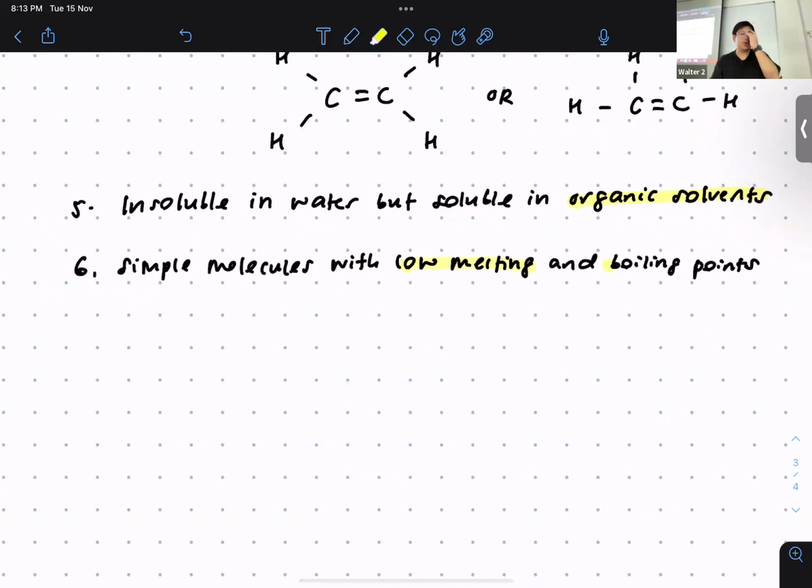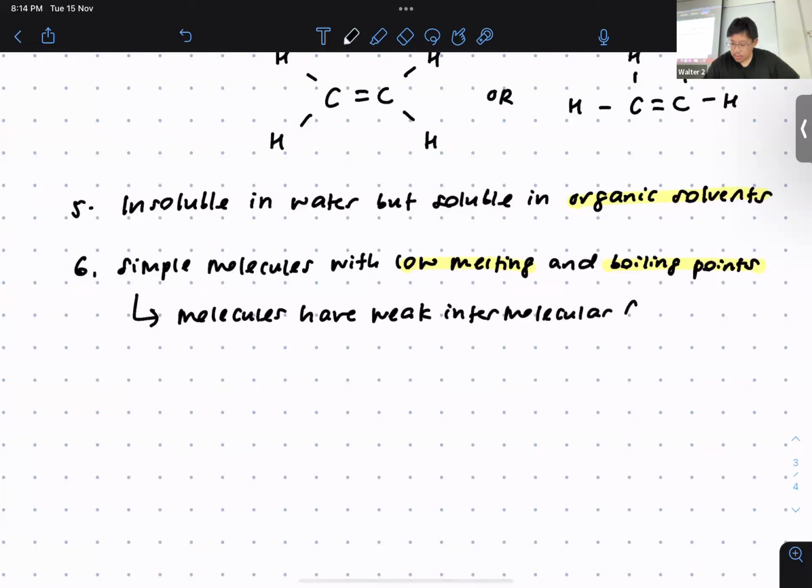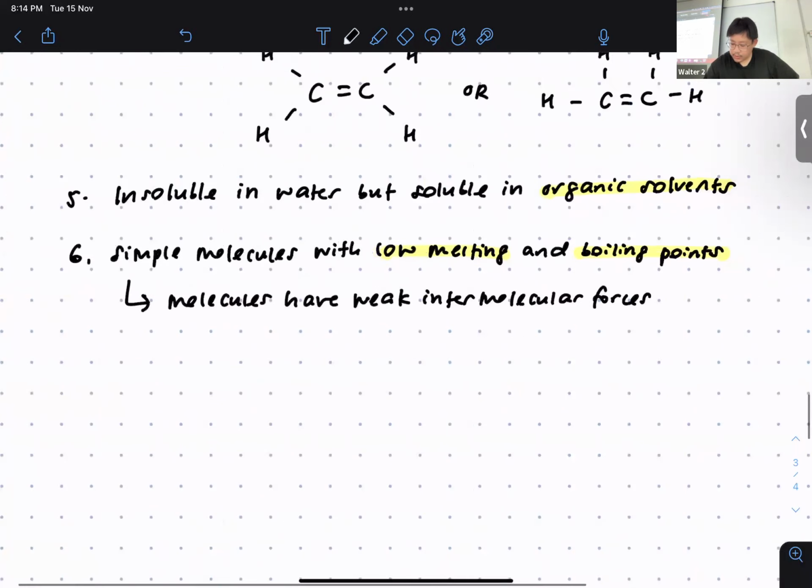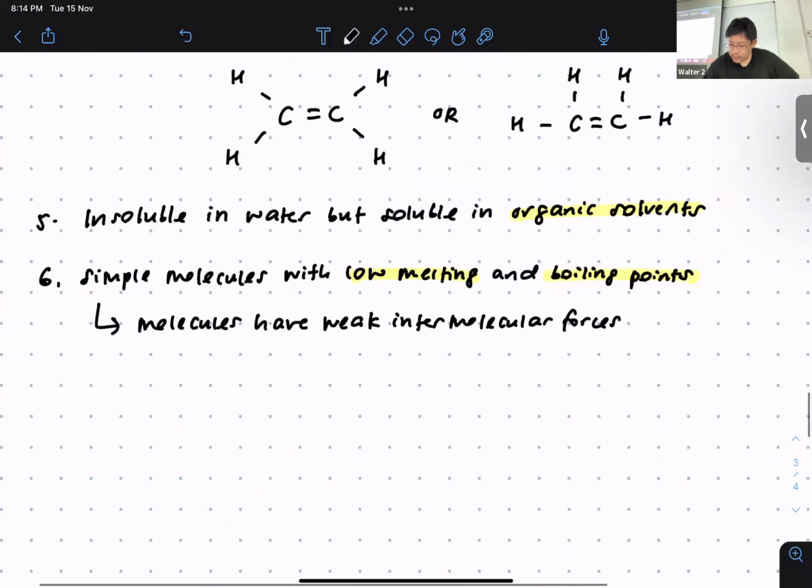It's because they are held together by weak van der Waals forces. So we say that the molecules have weak intermolecular forces, which we call van der Waals forces.